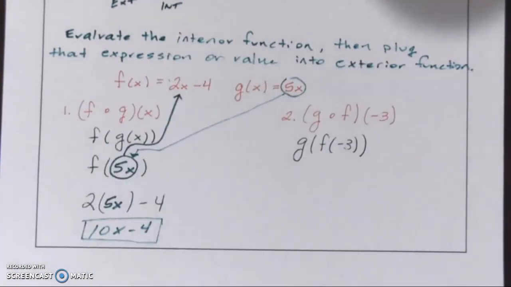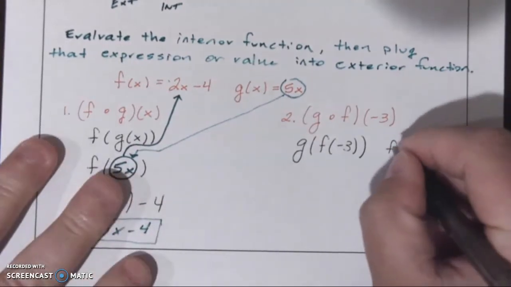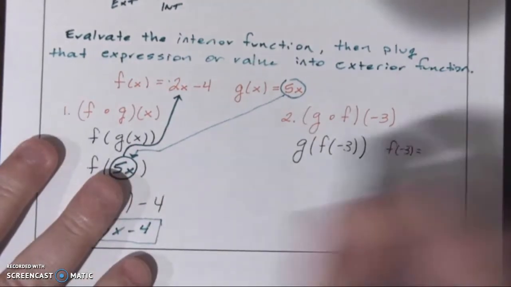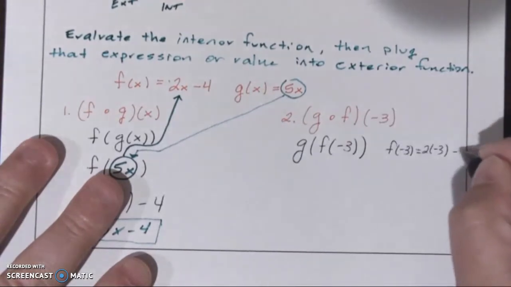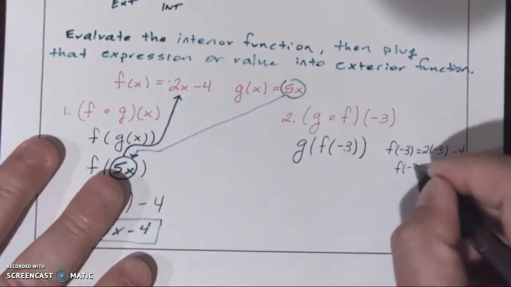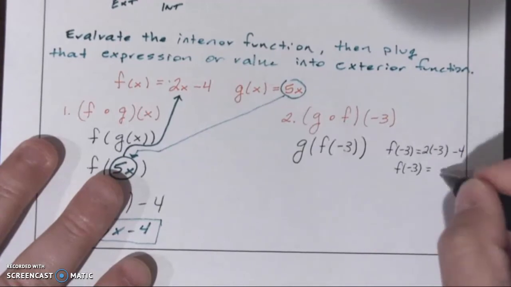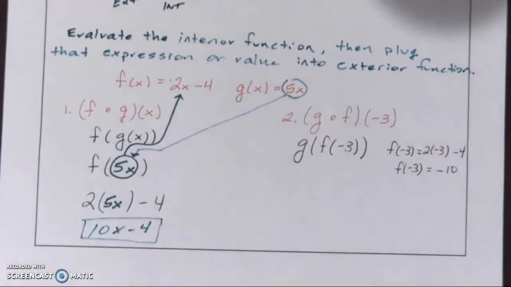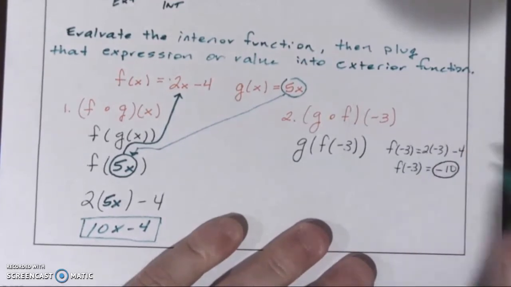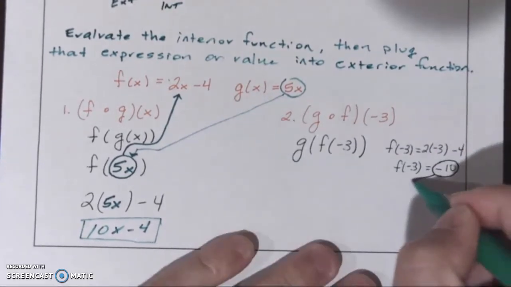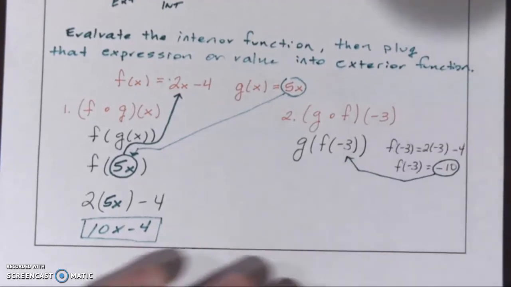So let's do f of negative 3. F of negative 3 would equal 2 times negative 3 minus 4. F of negative 3 would equal negative 10. And again, a series of substitutions here. Now that I know what f of negative 3 is equal to, let's just substitute it right in there.